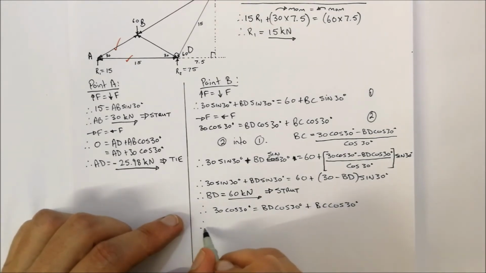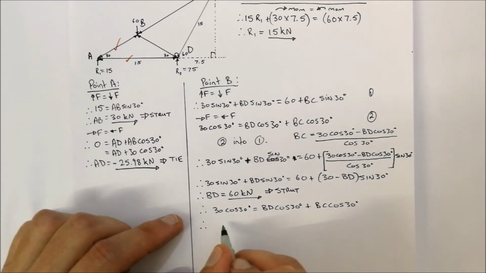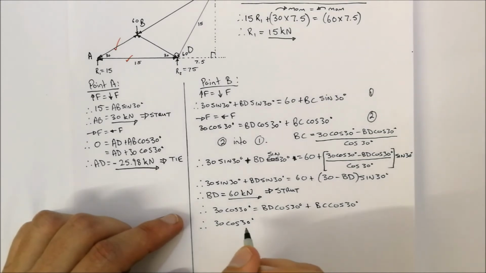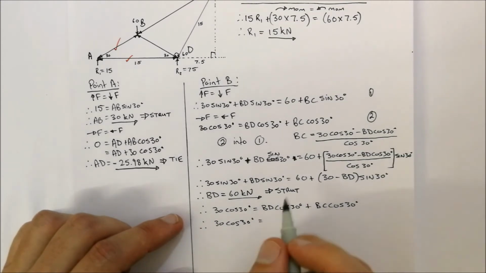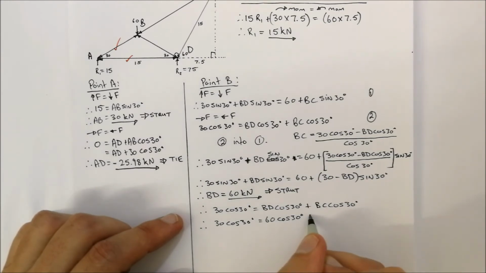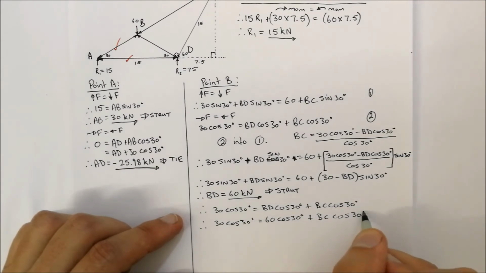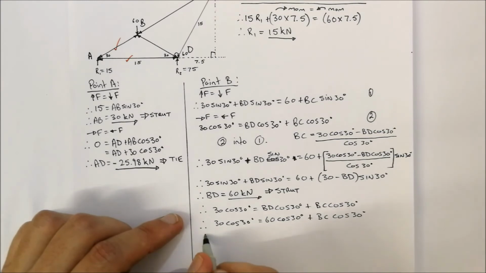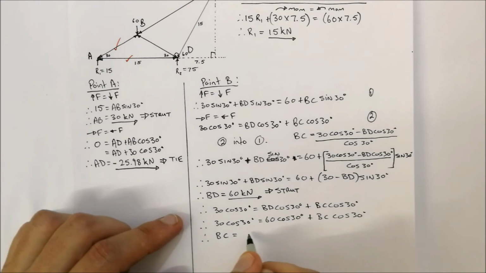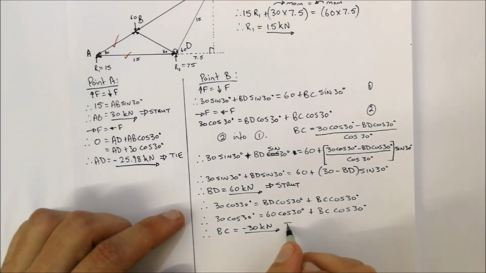So therefore 30 cos 30 degrees is equal to 60 cos 30 degrees plus BC cos 30 degrees. Okay, so BC we make the subject of the formula, and therefore we calculate BC is equal to minus 30 kilonewtons. Okay, and that will imply that it's therefore a tie.